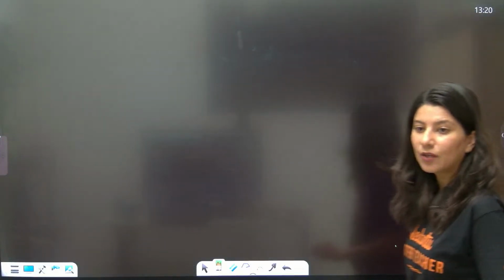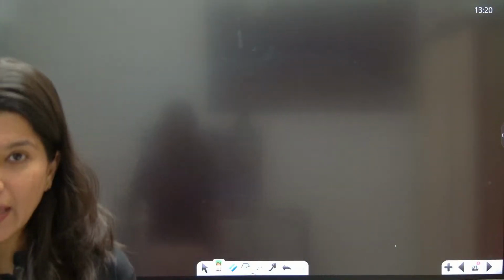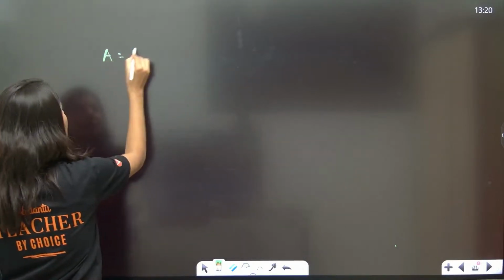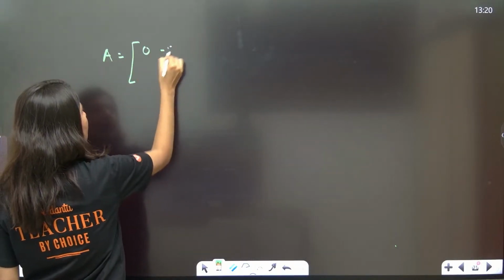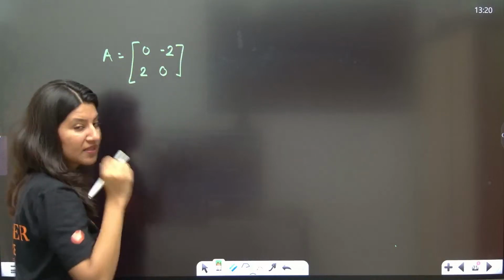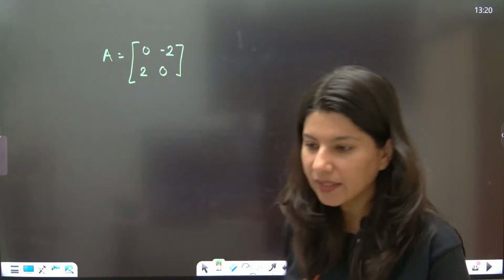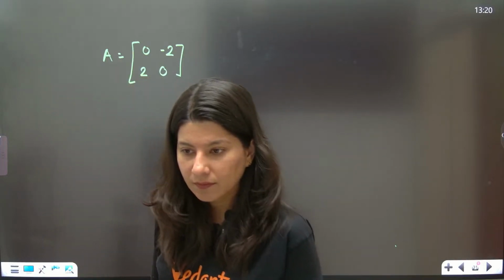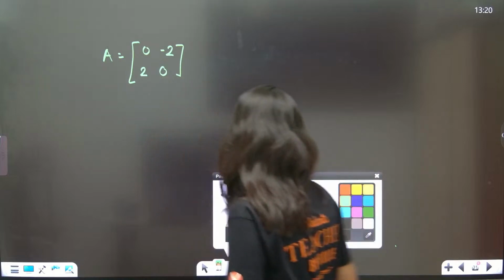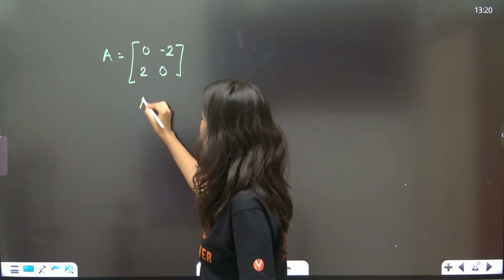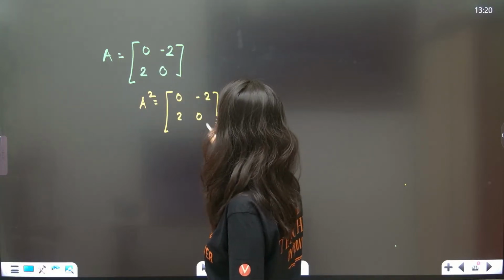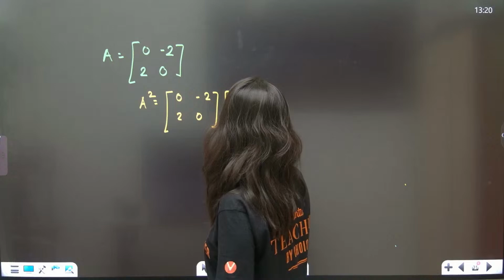Now let's do one thing. Let's calculate the M matrix, which is A squared plus A power 4. So yes, this is your A matrix: 0, 0, minus 2 and 2. Now A squared, anybody? A squared is [0, minus 2; 2, 0] times [0, minus 2; 2, 0].